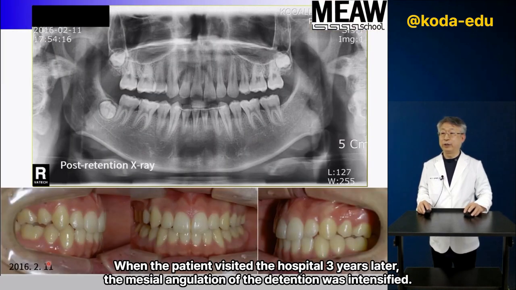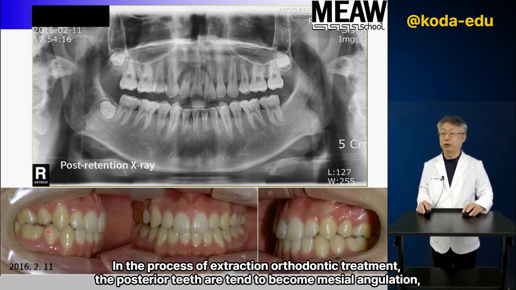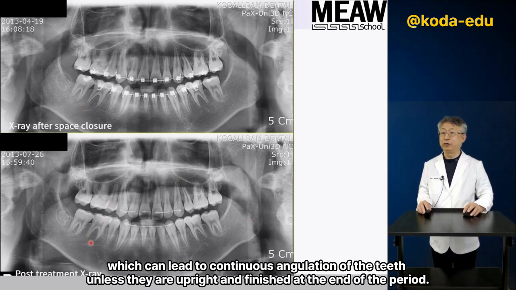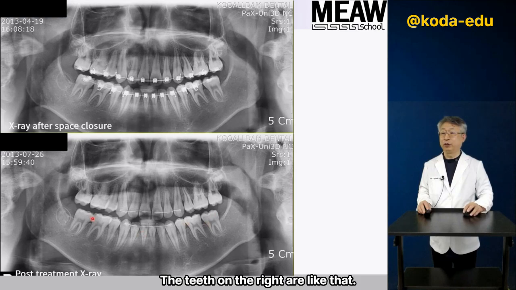When the patient visited the hospital 3 years later, the mesial angulation of the dentition had intensified. In the process of extraction orthodontic treatment, the posterior teeth tend to become mesially angulated, which can lead to continuous angulation of the teeth unless they are uprighted at the end of the treatment. The teeth on the right are like that.